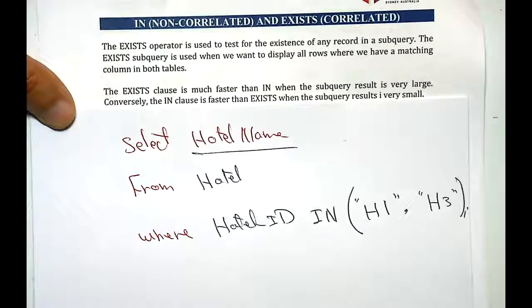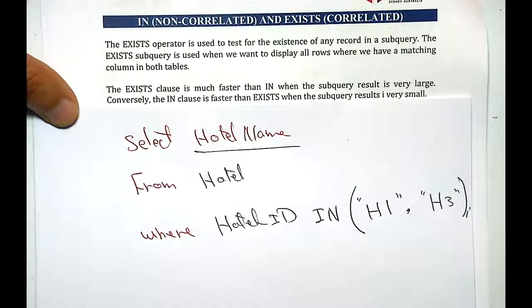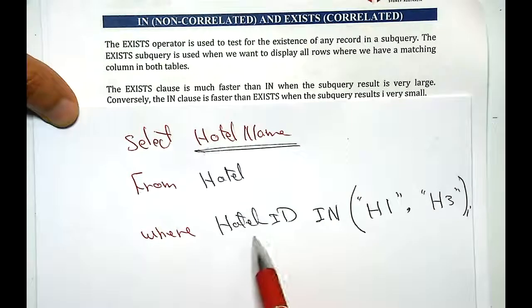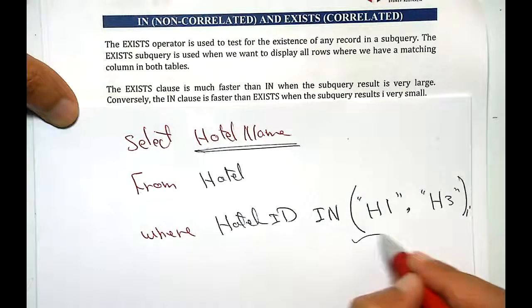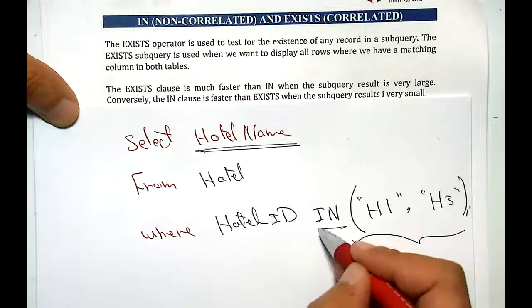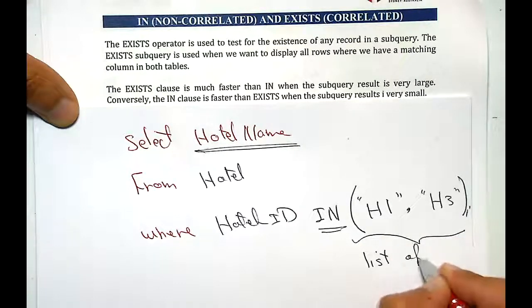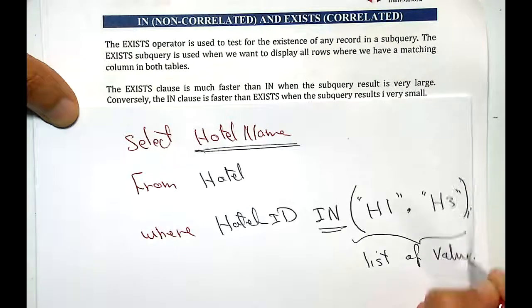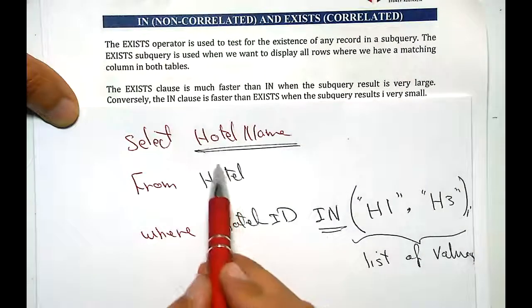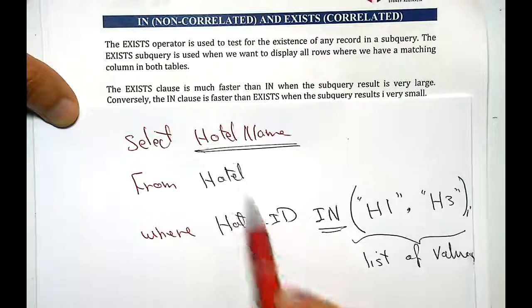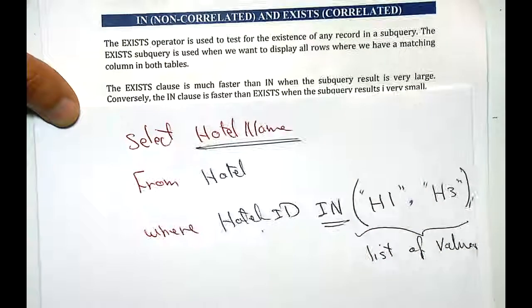So what does it mean? I'm going to display hotel name if the ID exists in this list. So after in, we have a list of values, and I'm going to display hotel name if the ID exists in this list.